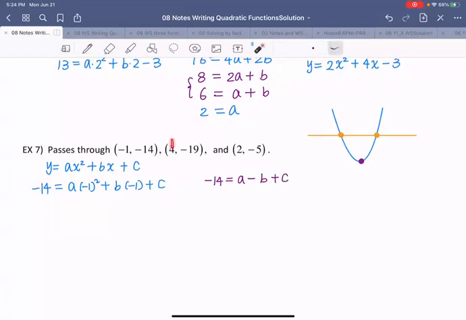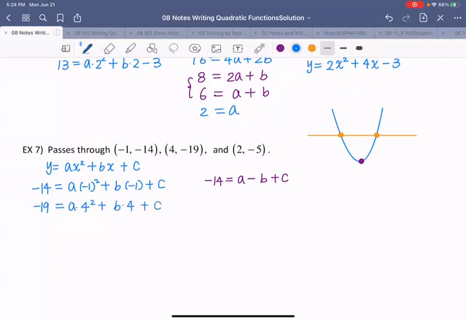Now, let's plug in this. Go ahead. -19 here, yes? Yeah, -19 equals a times 4 squared plus b times 4 plus c.